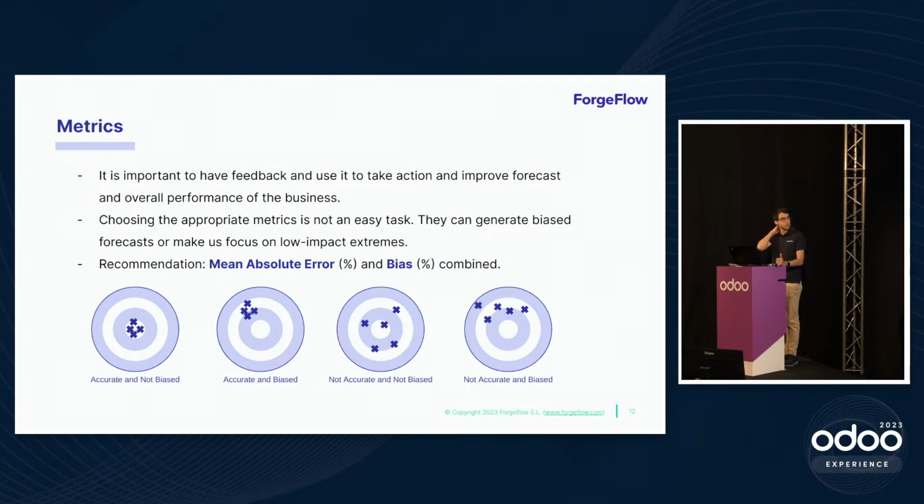It's not an easy task to choose between them, but we need to choose one that does not generate bias or inaccuracy or make us focus on the low impact streams. Long story short, for me, in most cases, mean absolute error and bias used combined, both as percentage, is a good metric, and you can start by using that.